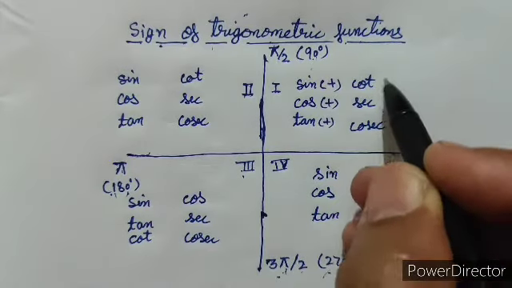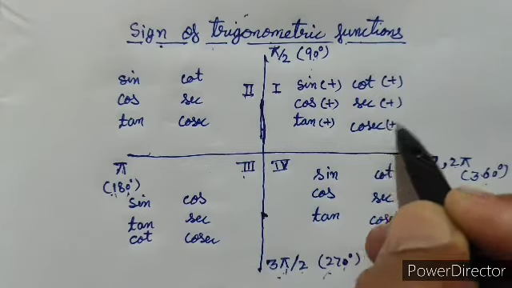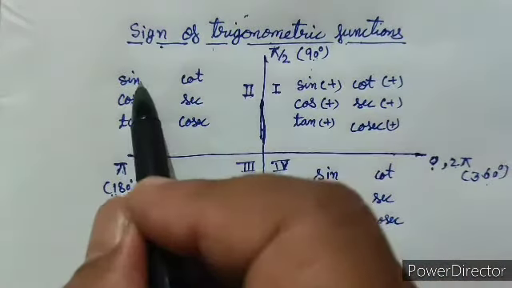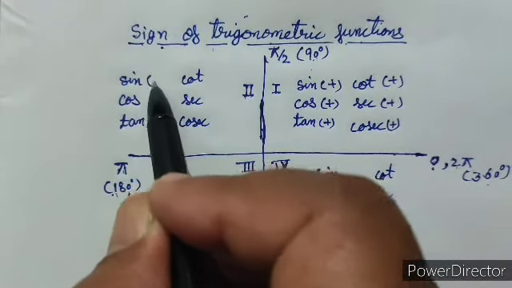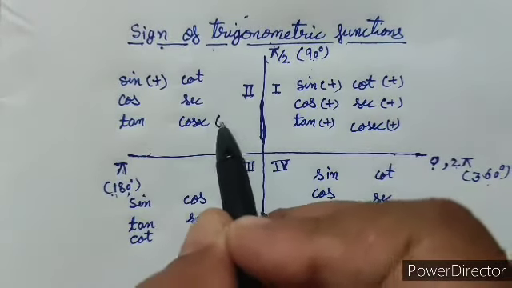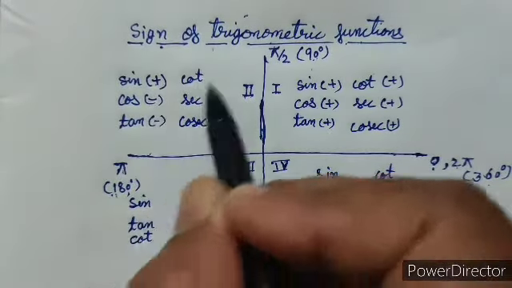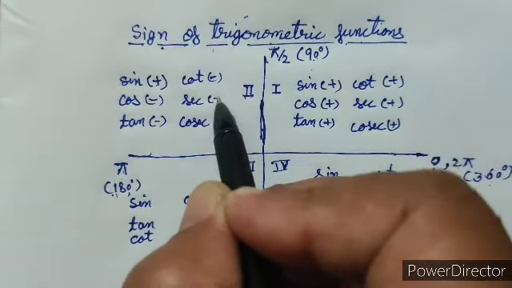Now in first quadrant, all the trigonometric functions are positive, or the sign of all the trigonometric functions is positive. Now in the second quadrant, the sign of trigonometric function sine and the reciprocal of sine, that is cosec, is positive and other trigonometric functions are negative.